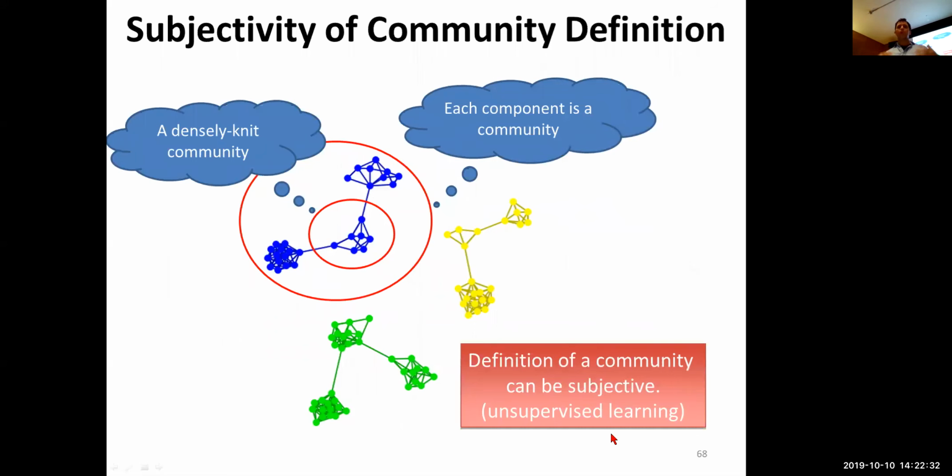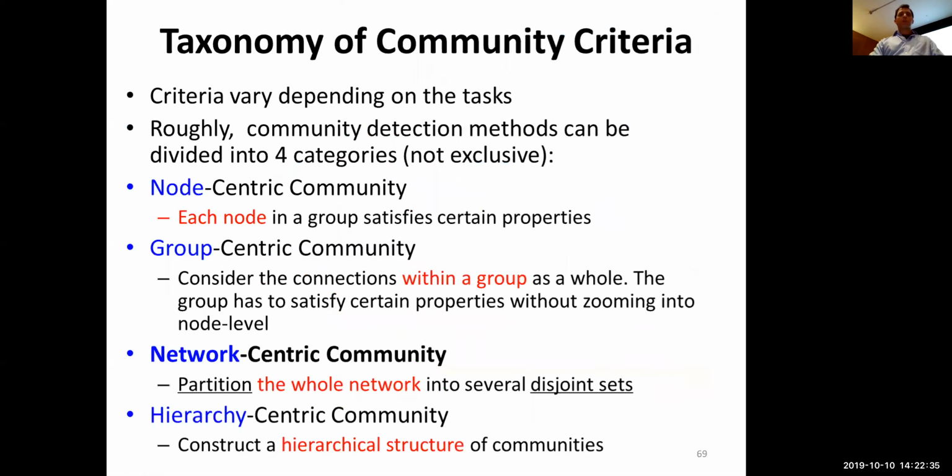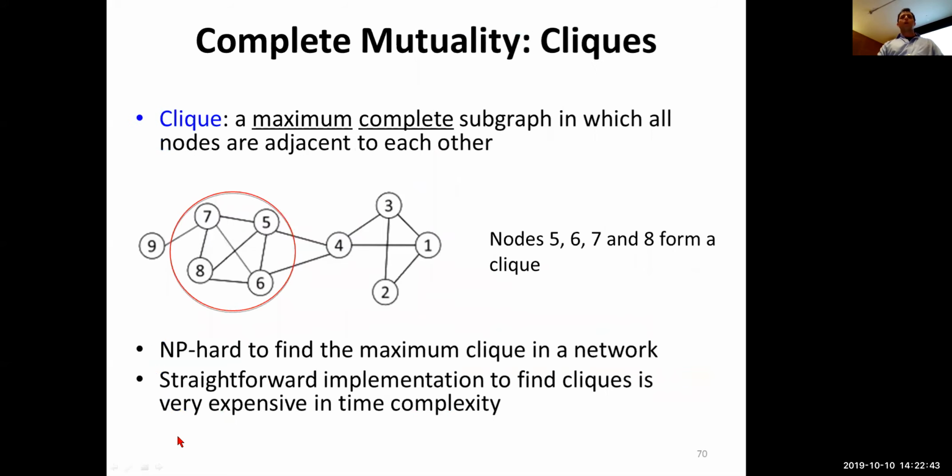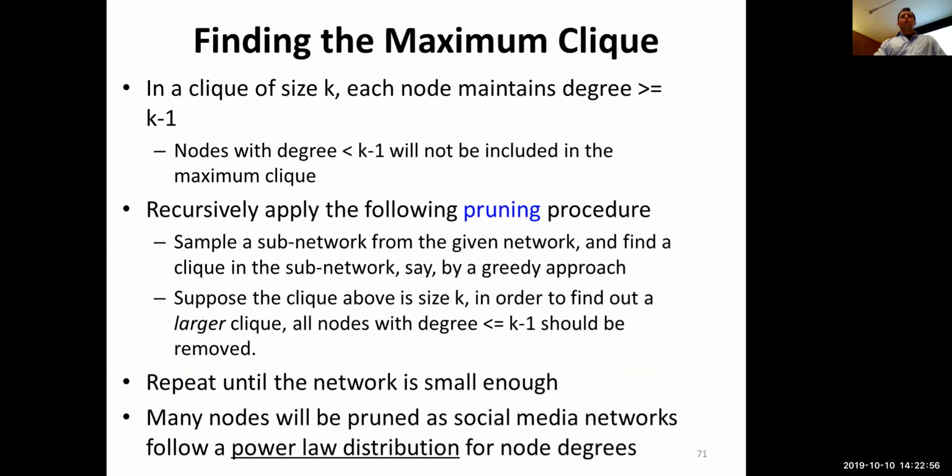Defining communities is hard and subjective. There are many different ways of defining communities. You can build them around nodes, around groups, around the whole network, or by building a hierarchy. Finding cliques can actually be NP hard. So if I want to find cliques in my network, algorithmically, with a network of 20,000 nodes, it might be super, super slow.